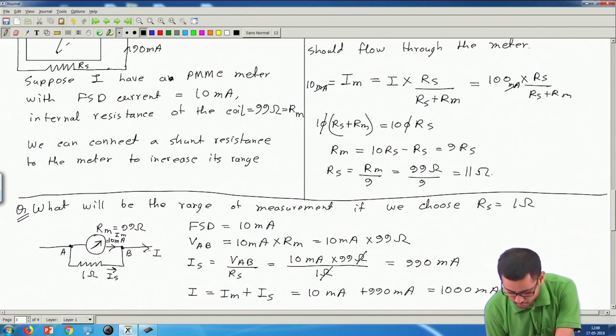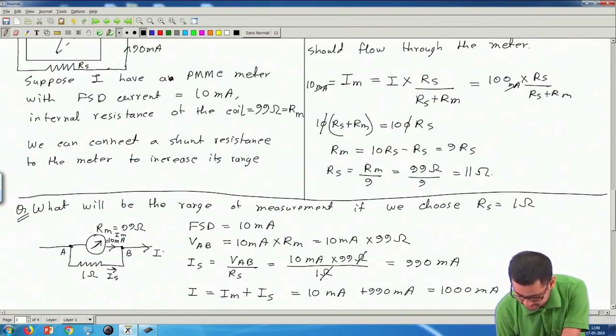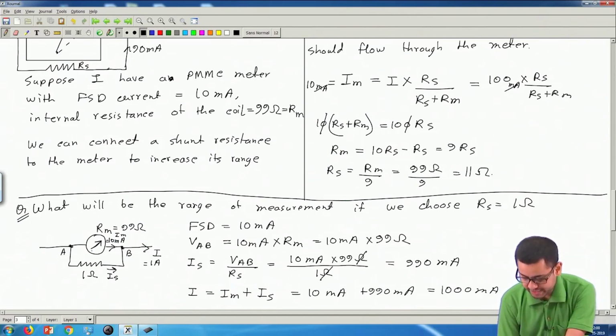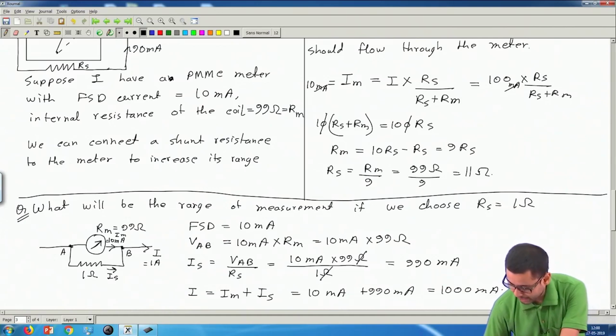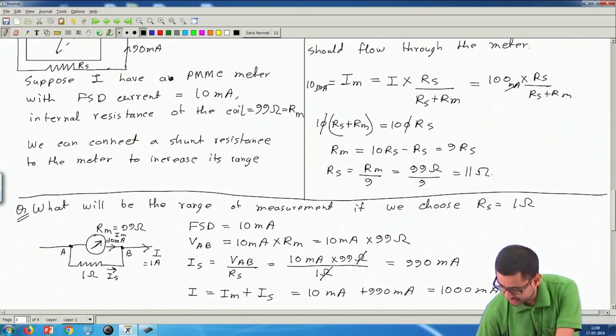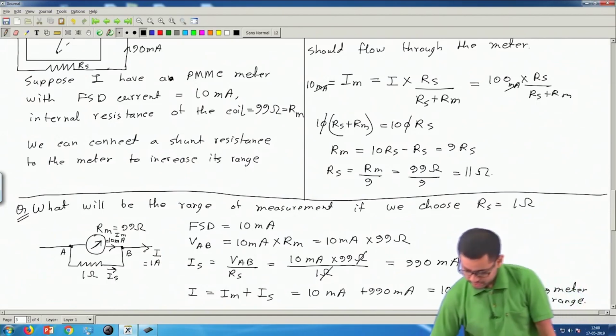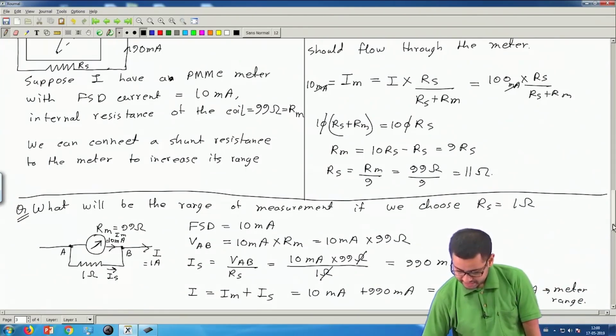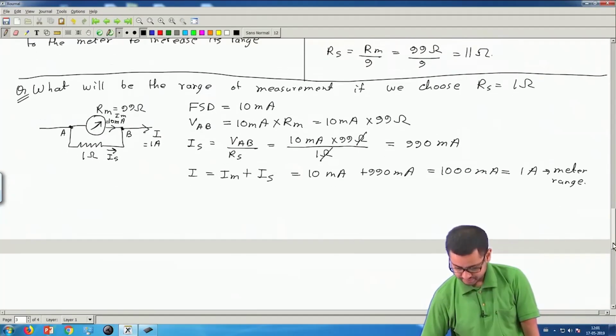So that means when this current is 1 ampere, the meter indicates full scale deflection. That means the meter range is now altered to 1 ampere. So this is the meter range. This is how we can change the range of an ammeter.